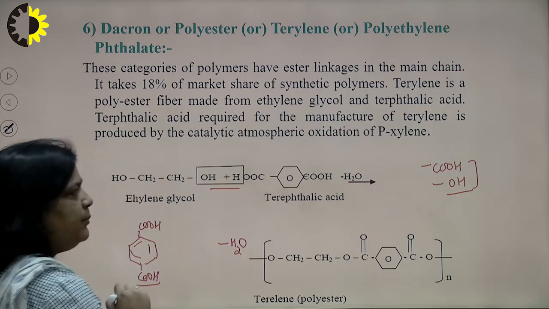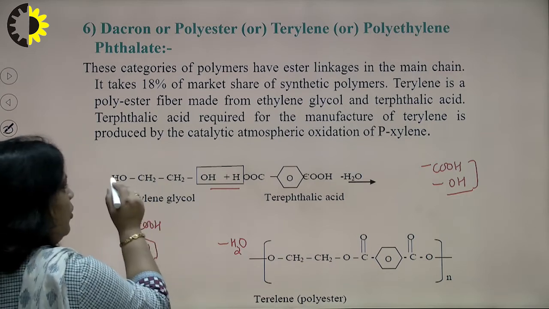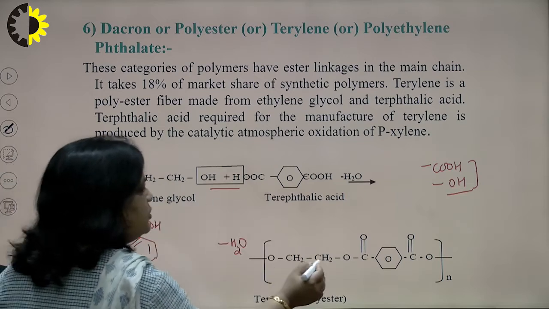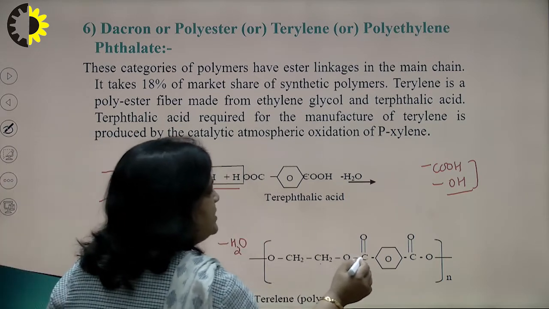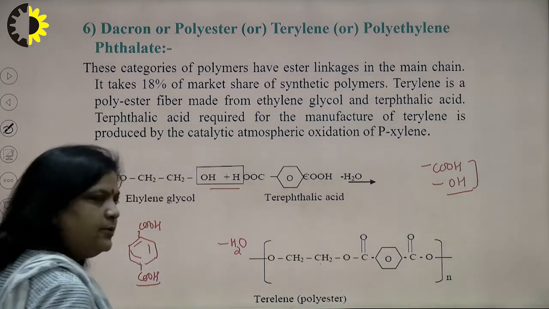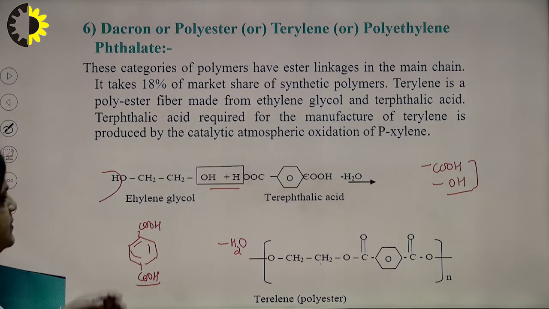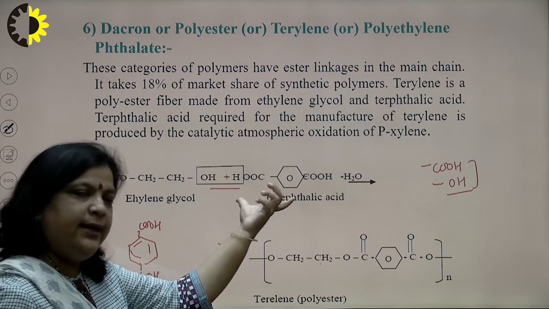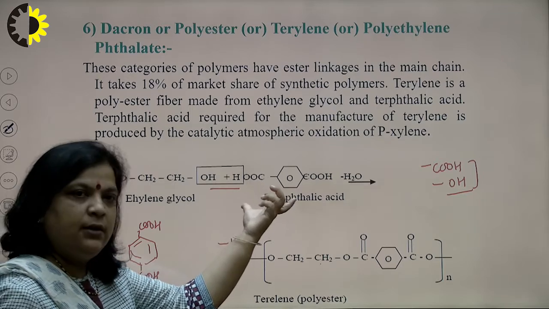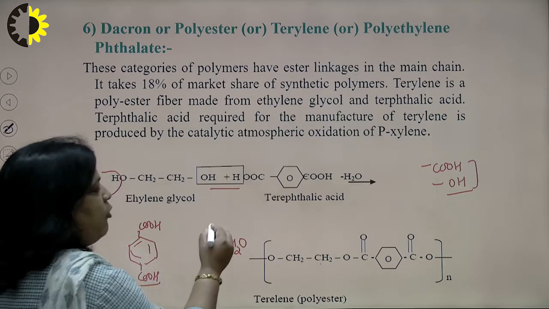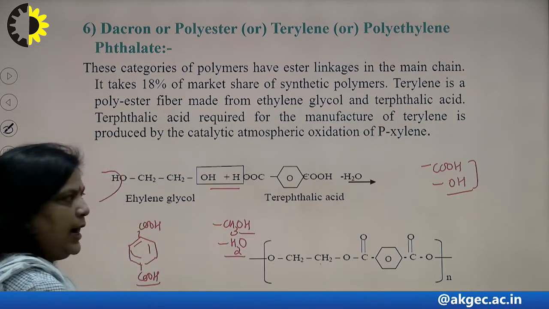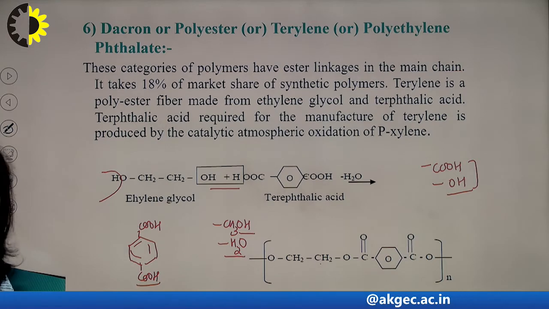In this case water gets liberated and we get a linkage: O, CH2, CH2, O, CO, then benzene ring, then CO. Sometimes instead of this acid, the ester, that is dimethyl terephthalate, is also preferred. In that situation, instead of water, alcohol gets liberated. And generally we prefer acidic medium.